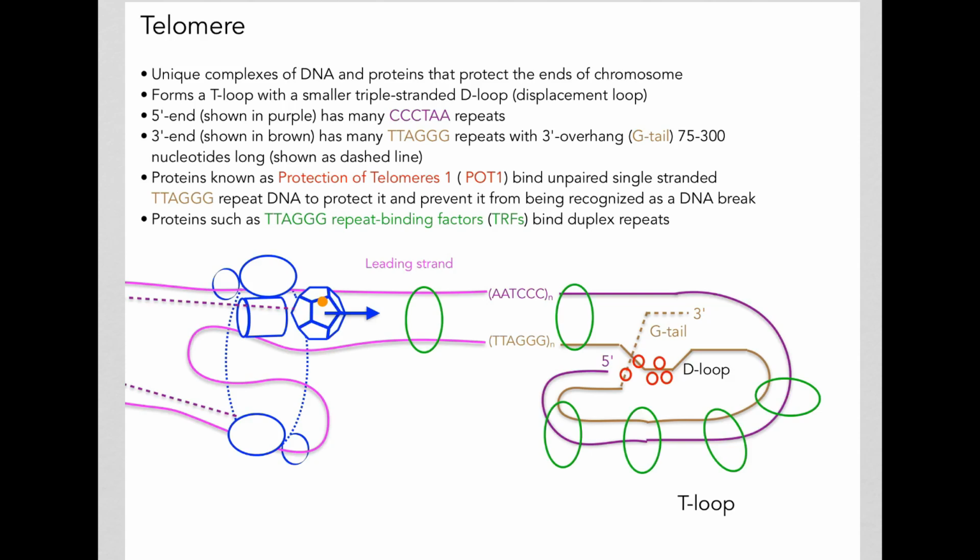Other proteins called TTA-GGG repeat binding factors, or TRFs, shown in green here, will bind the duplex repeats. So wherever there are double-stranded repeats, these proteins will bind and protect it. So basically the telomere is a region that has loops, repeats, as well as several proteins that are protecting it.